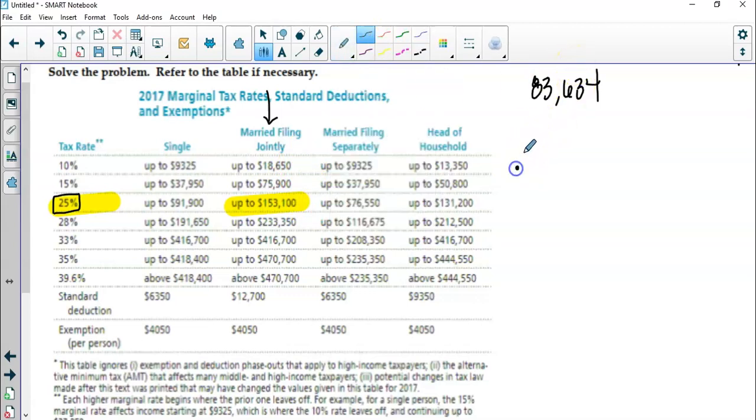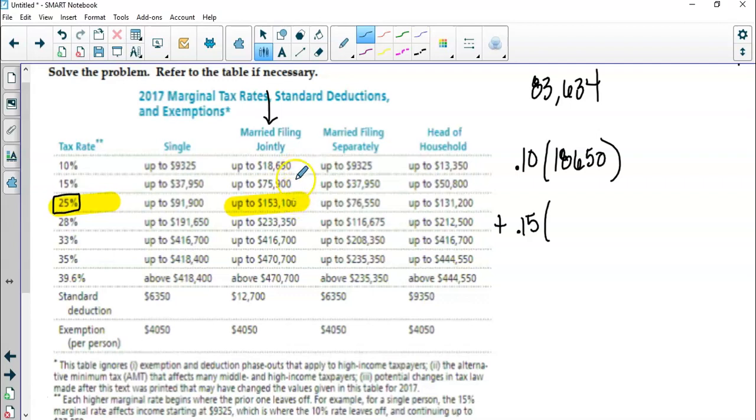They're going to have to pay the 10% on the first $18,650. Then they're going to have to pay 15% on the amount that falls in between the $18,650 and the $75,900.